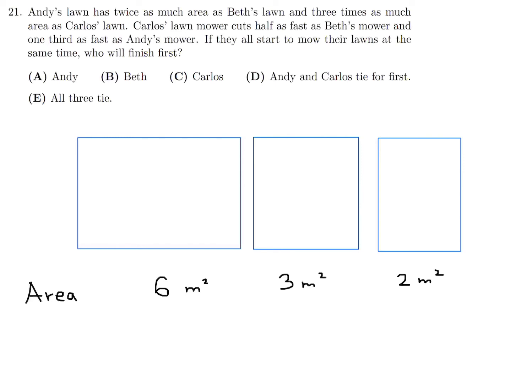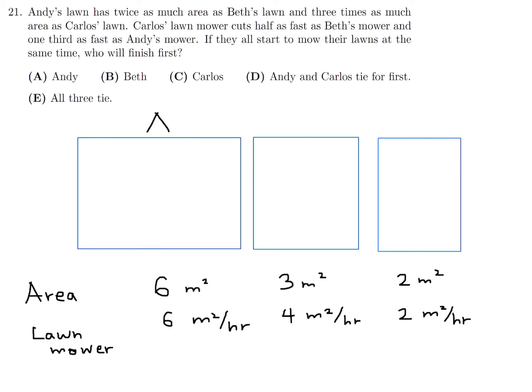And now they're talking about a lawnmower and its speed in terms of how fast it cuts. Carlos's lawnmower cuts half as fast as Beth's and 1/3 as fast as Andy's mower. So similarly, if Carlos's lawnmower, let's say, is 2 in terms of its speed, meters squared per hour, whatever unit you want to use, then Beth's would be 4 meters squared per hour, and Andy's would cut at 6 meters squared per hour.